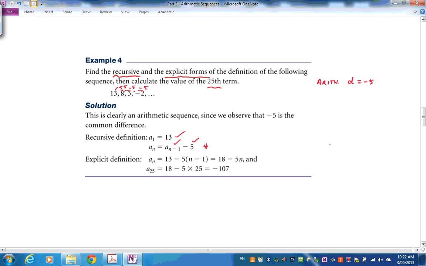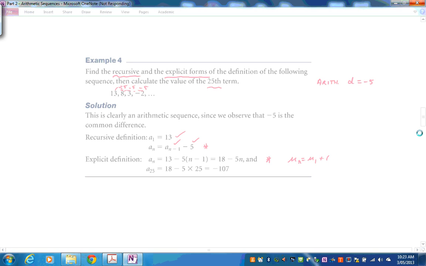So we could keep generating the terms from 13 by subtracting 5, or using our arithmetic sequence definition, un is u1 plus n minus 1 d.